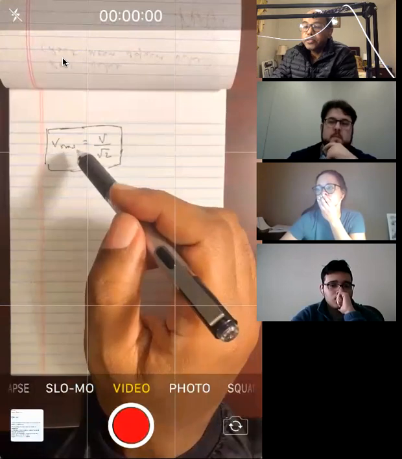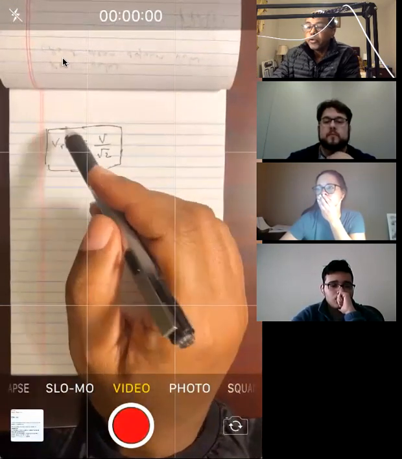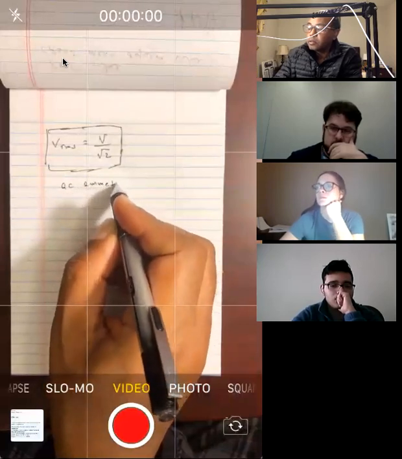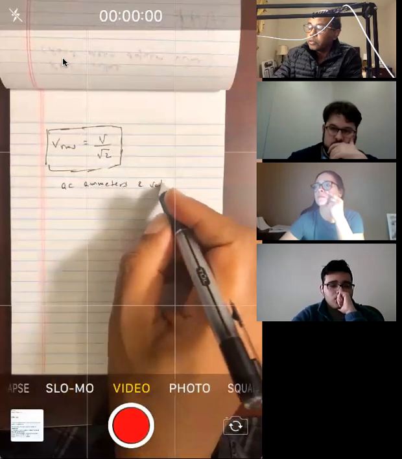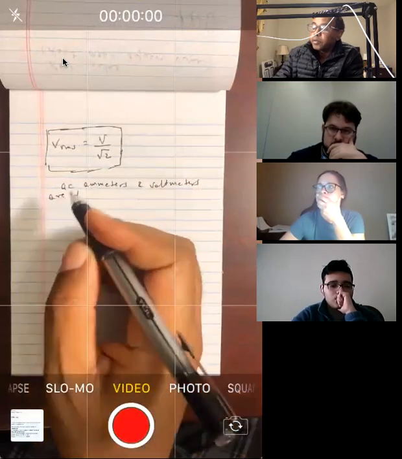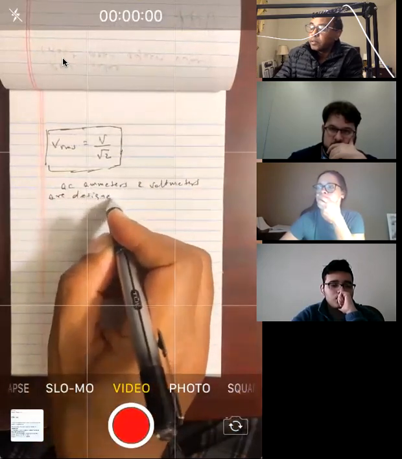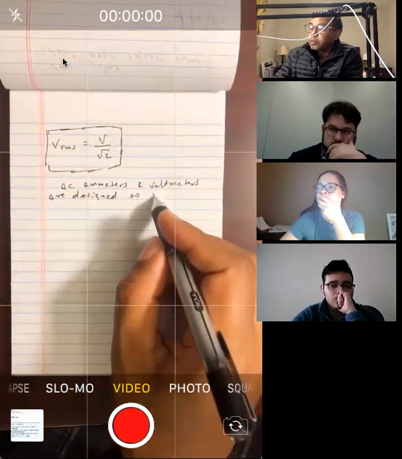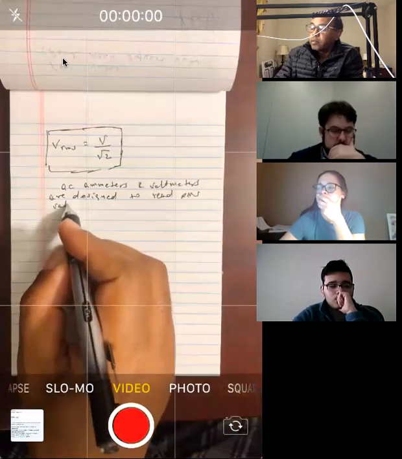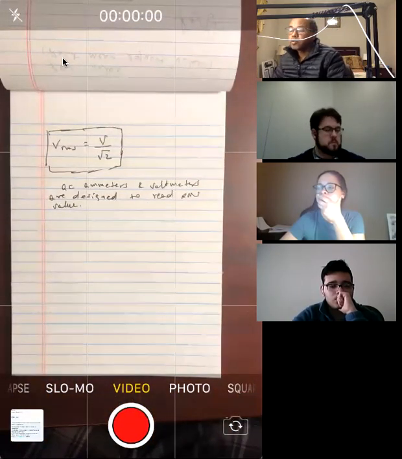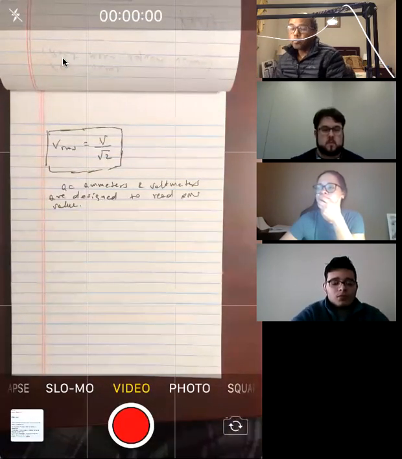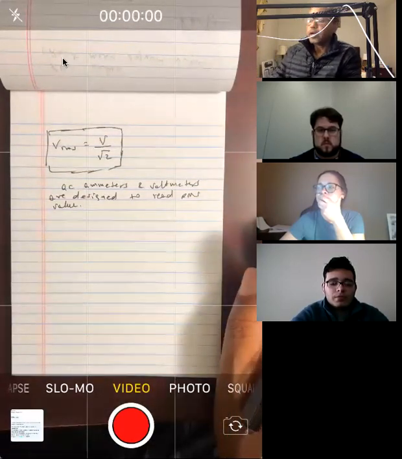So AC ammeters and AC voltmeters are designed to read RMS value, not amplitude. The reason RMS value is more useful than amplitude is because with RMS value, the formulas for DC and the formulas for AC become symmetric.